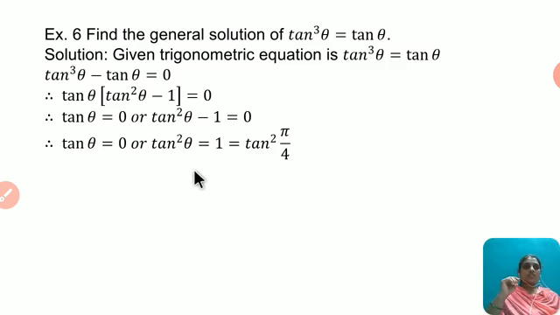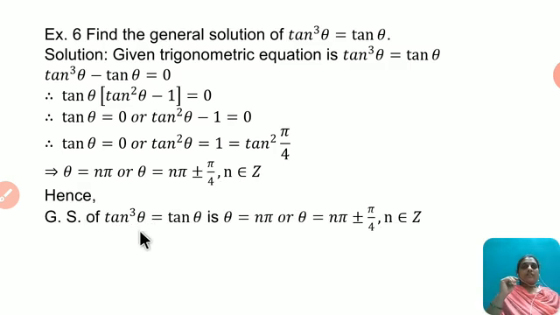So use these theorems, we get this implies theta is equal to n pi or theta is equal to n pi plus or minus alpha, but here alpha is pi upon 4, where n belongs to Z. And hence the general solution of tan cube theta is equal to tan theta is theta is equal to n pi or theta is equal to n pi plus or minus pi by 4, where n belongs to Z.